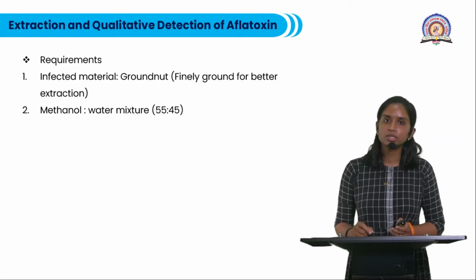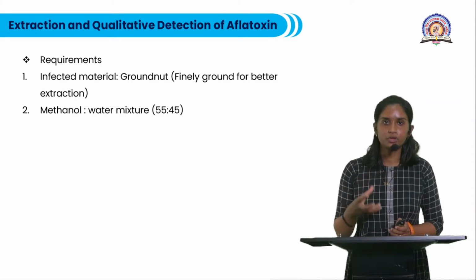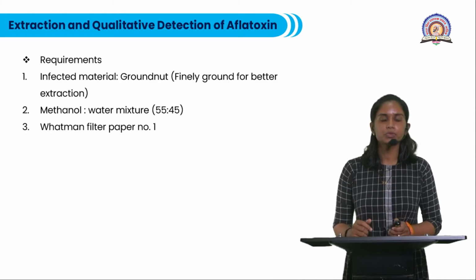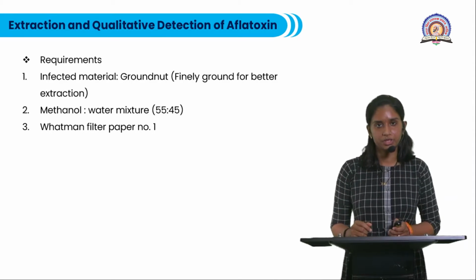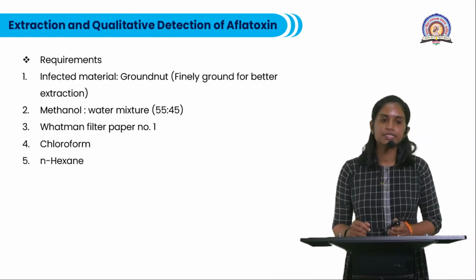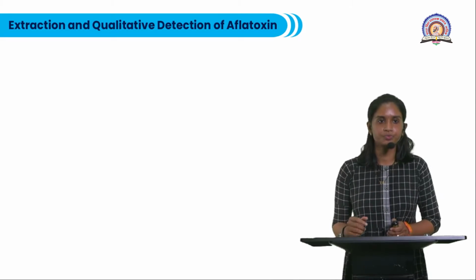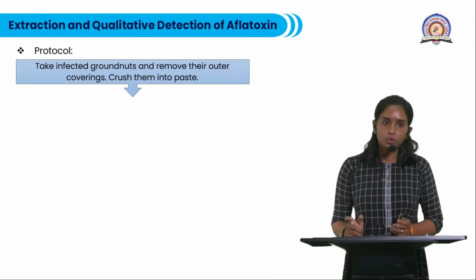Methanol is the organic solvent used for dissolving the aflatoxin present in the food sample. Next is Whatman filter paper number 1 for filtration. Then chloroform, which again acts as an organic solvent, and n-hexane, which is added because it removes fats present in this mixture.